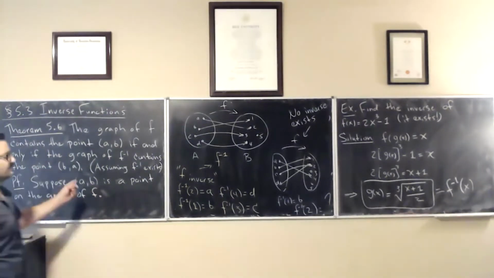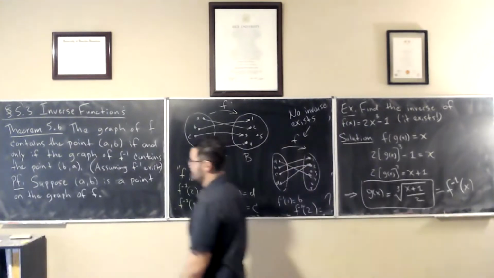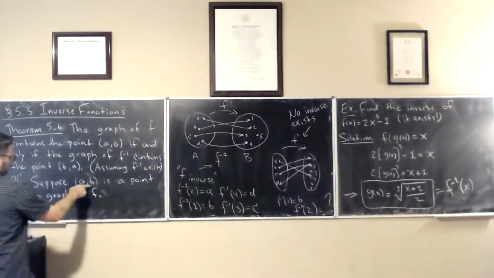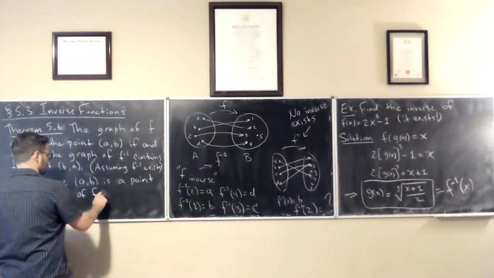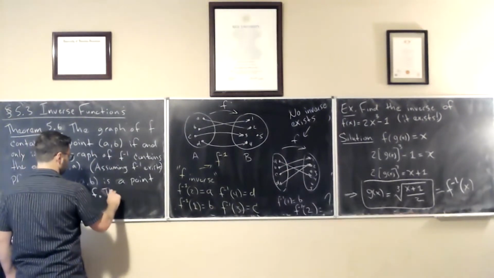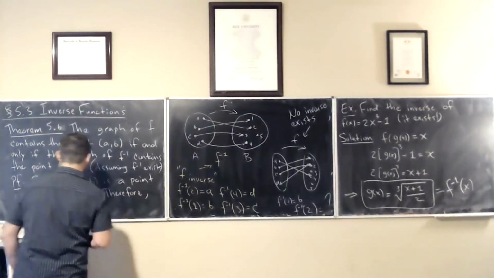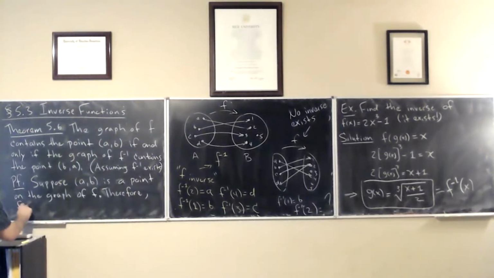Okay, so if that point is on the graph of f, then it means that f evaluated at a is equal to b.